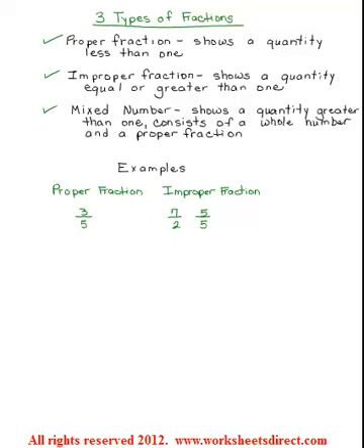So in our example 7/2, 7, our numerator, is larger than our denominator 2, and in our second example 5/5, they are the same, and we know that 5/5 equals 1. And so we have two examples of improper fractions.